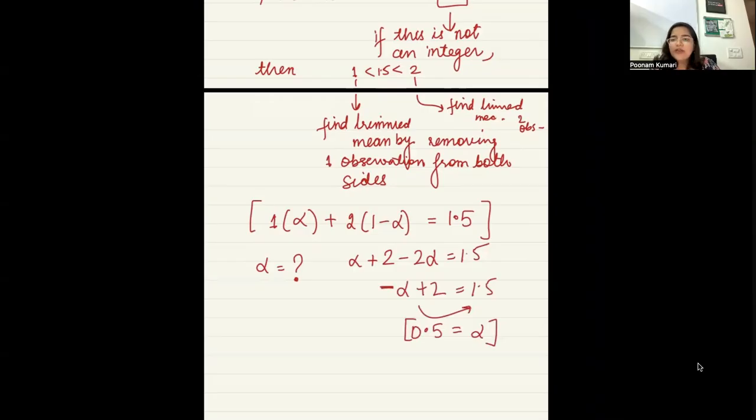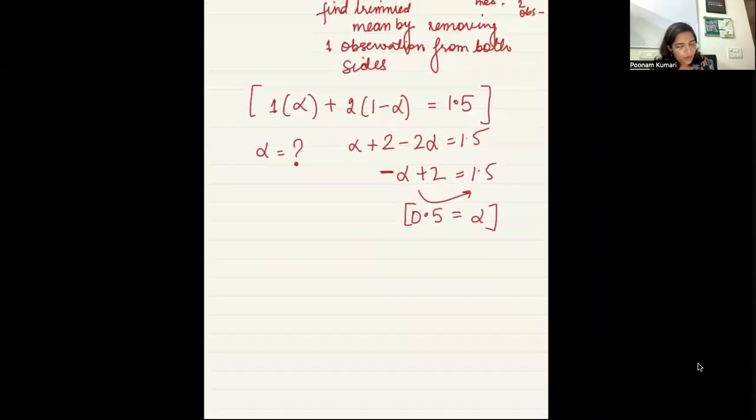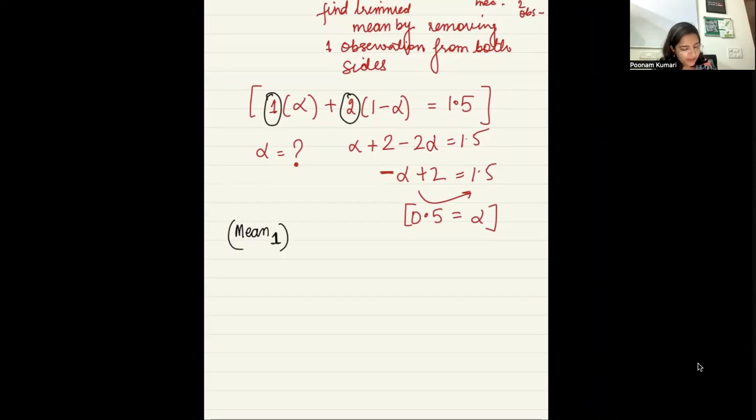So what you have to do is put alpha weightage on this trimmed mean and weightage on the trimmed mean you got by removing 2. The trimmed mean when you removed 1, multiply it by 0.5, plus the mean you got when you removed 2 observations, multiplied by 0.5. Whatever number comes up will be your 15% trimmed mean.